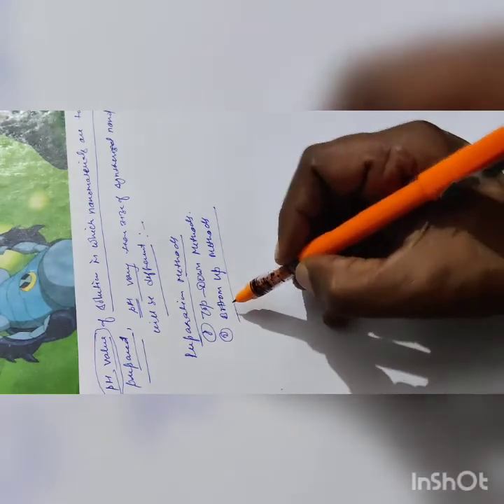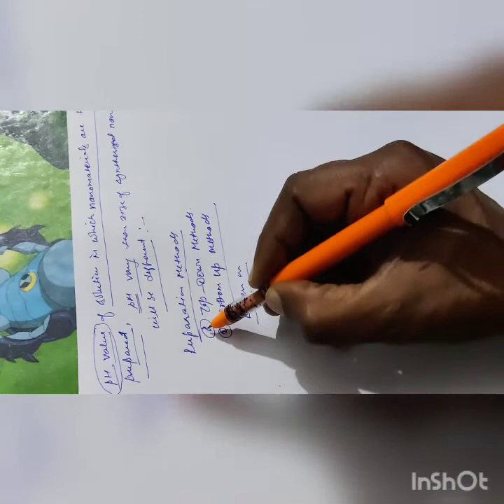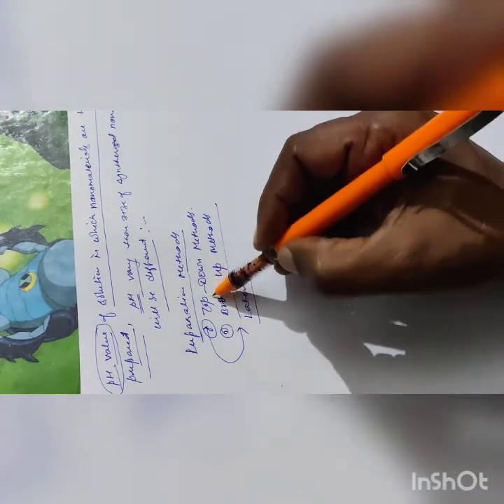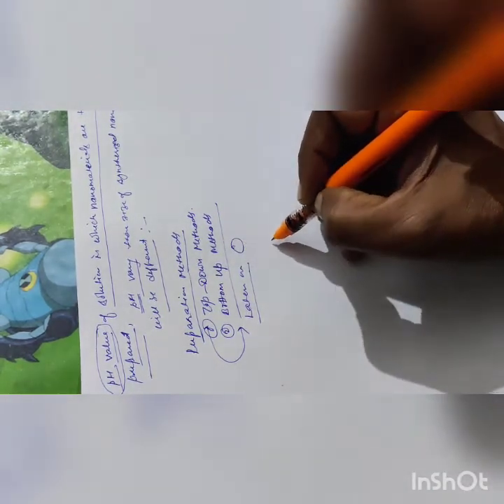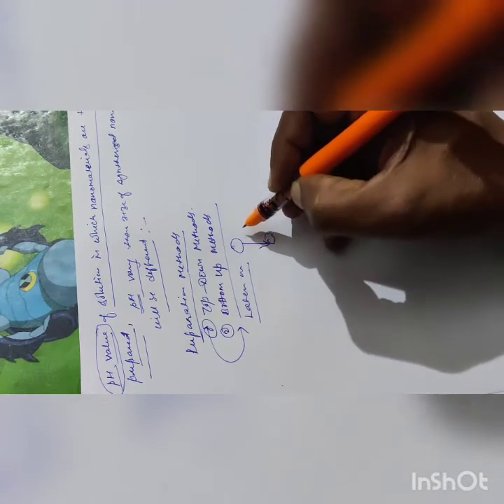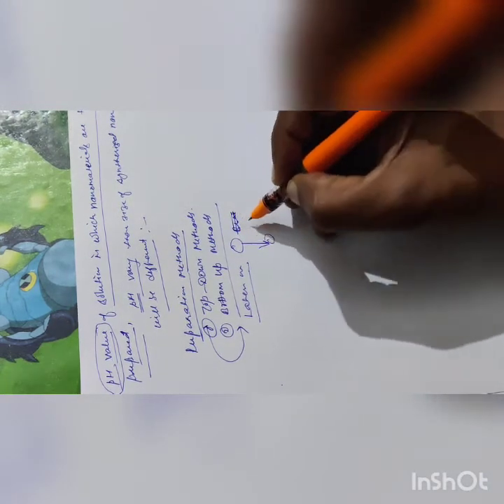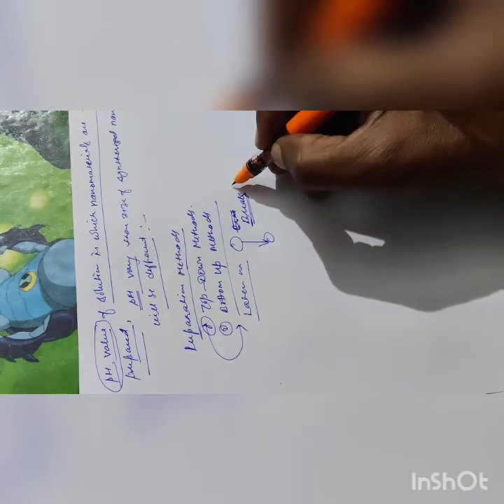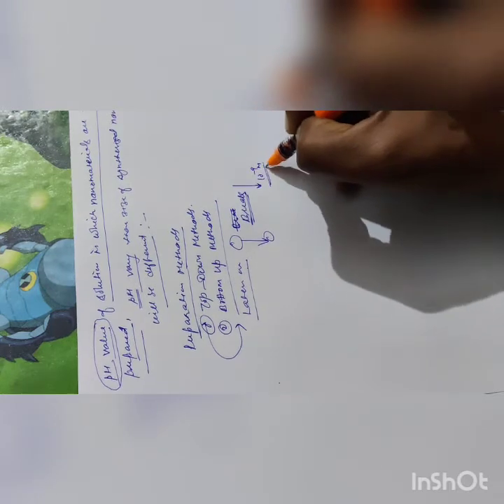We will discuss these topics later on. Top down method: top down means to break a heavy material into a tiny material of size 10 to the power minus 9 meter.